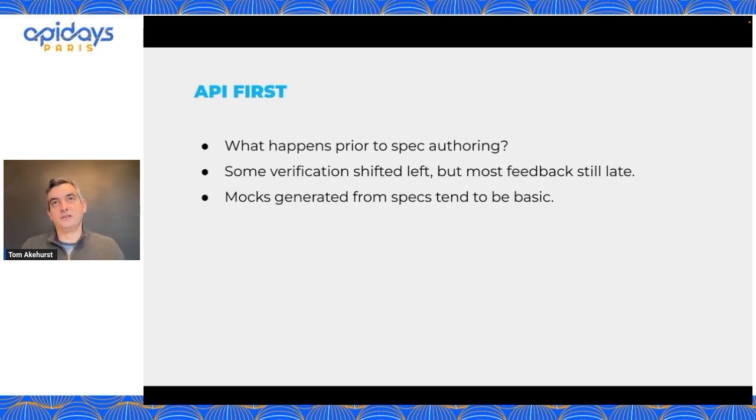But for serious development and testing processes and deeper onboarding processes, the mocks generated in this way tend to come up a little bit short, and that's part of the reason why a lot of this feedback still arrives late, because the testing you really have to do at client code requires a certain depth of behavioral simulation that you tend not to get from auto-generated mocks from most of the tools out there at the moment.